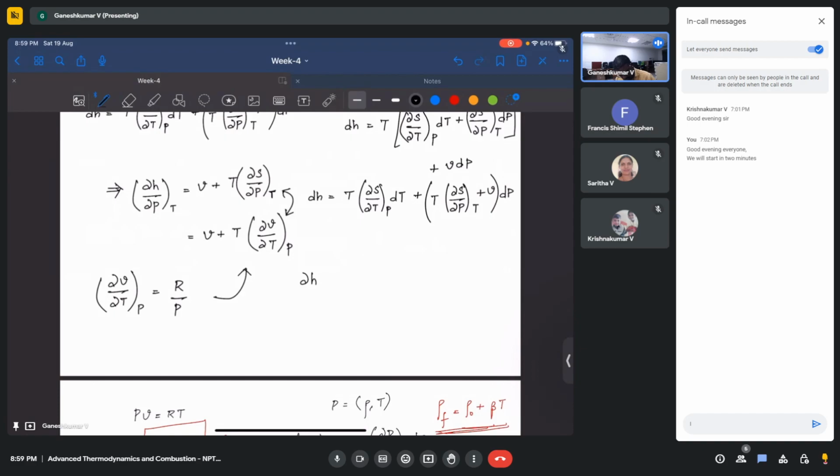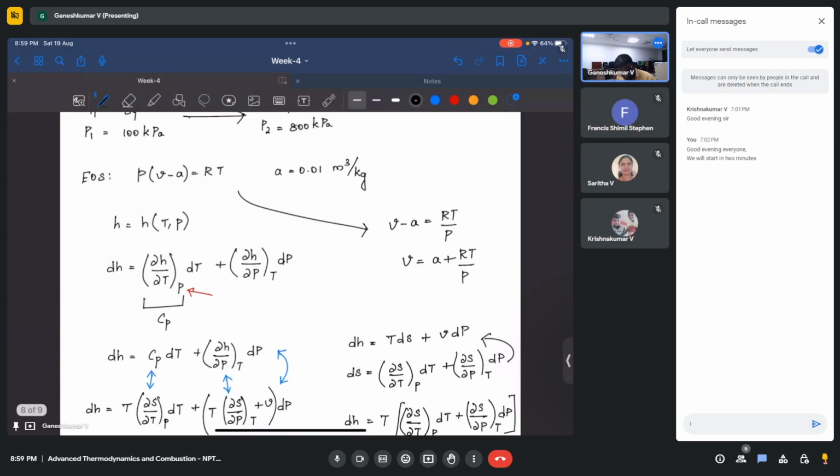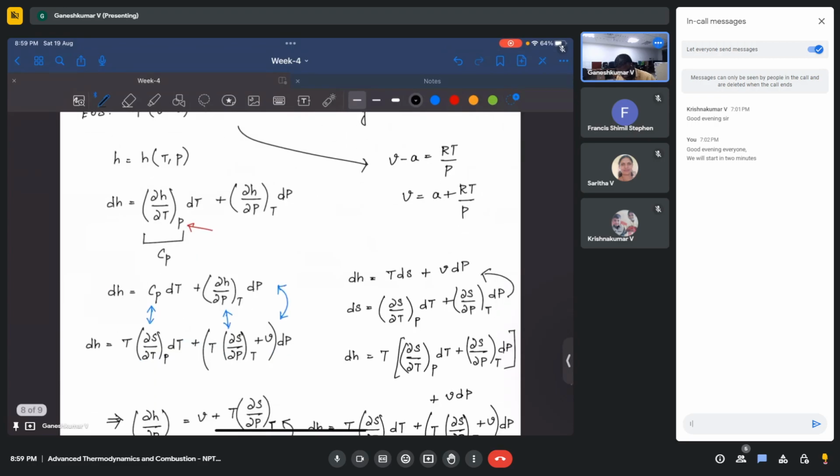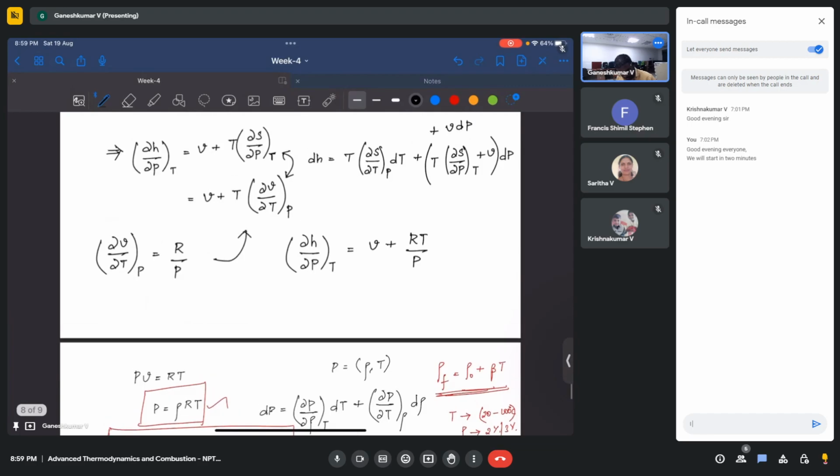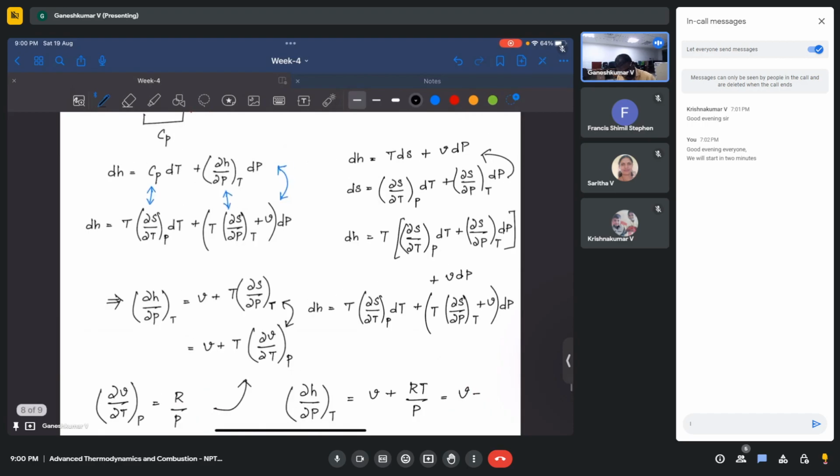So ∂H/∂P at constant T is nothing but V plus RT by P. RT by P is nothing but V minus A, right? So this is going to be V minus, I think there is a minus missing here again.